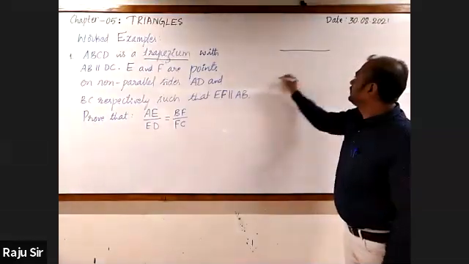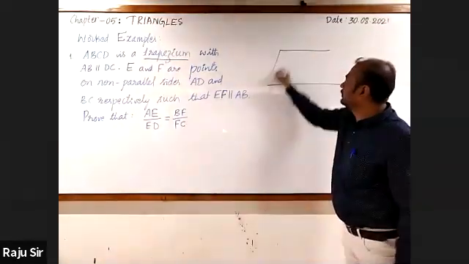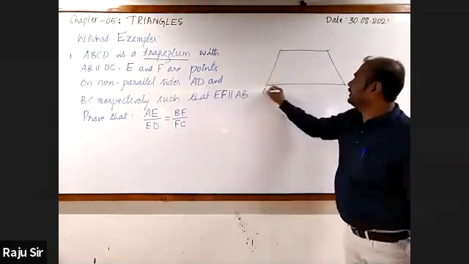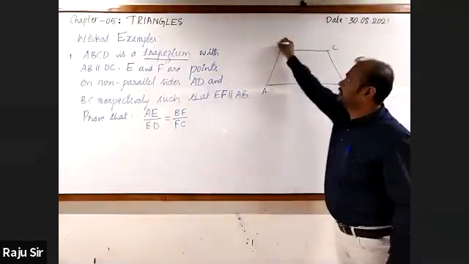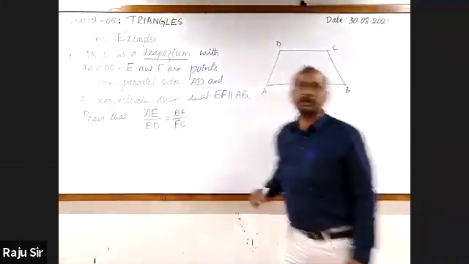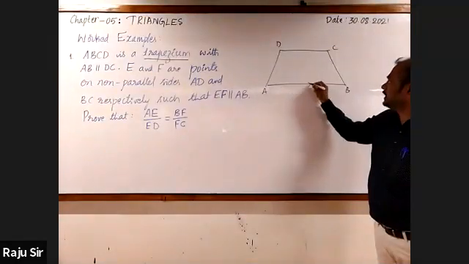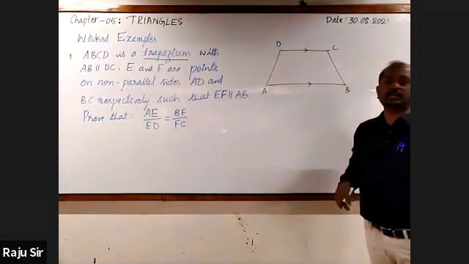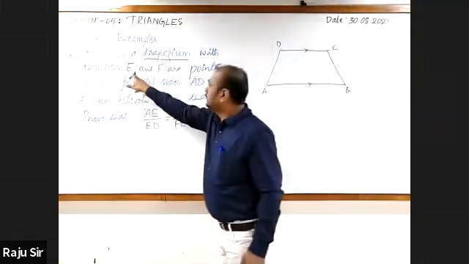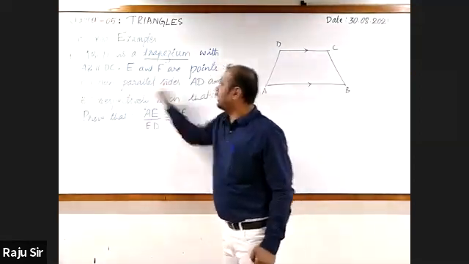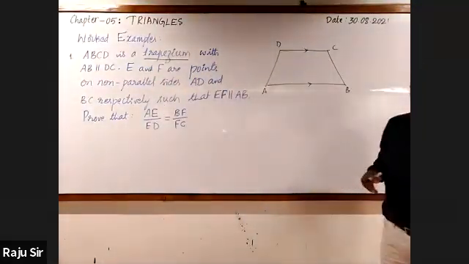Here, this is the trapezium. I name it as ABCD. As given, AB is parallel to DC. Next, E and F are the points on non-parallel sides. What are those non-parallel sides?